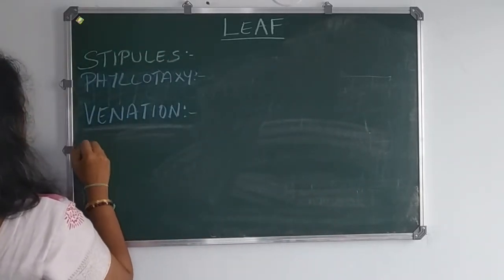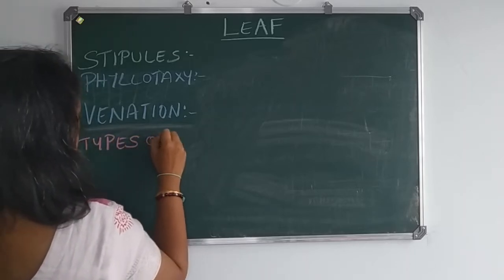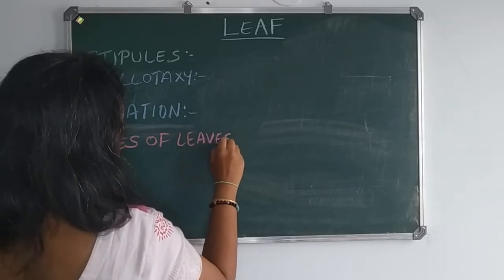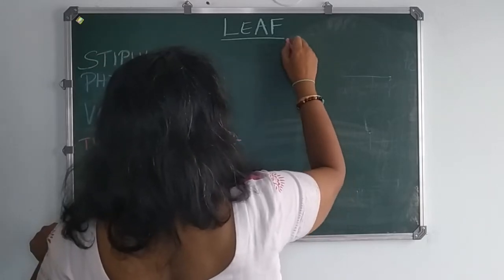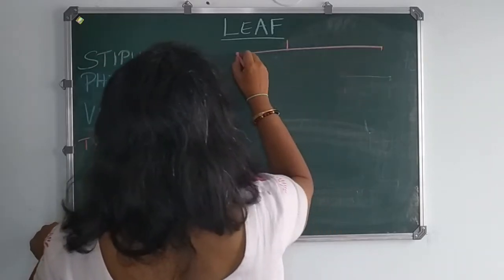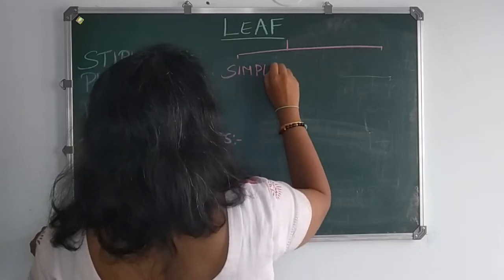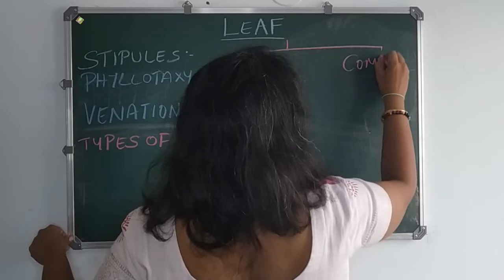So we are going to talk about types of leaves. There are two types of leaves. One is the simple leaf. The other one is the compound leaf.